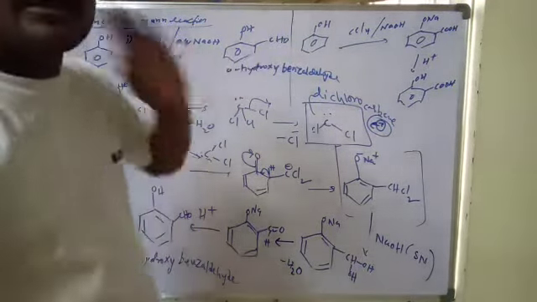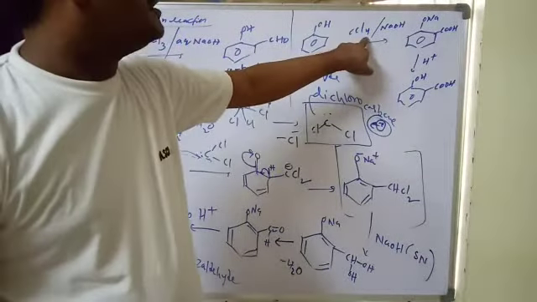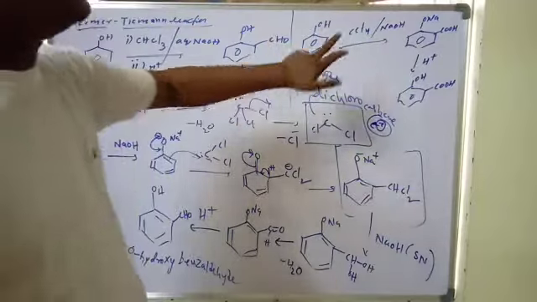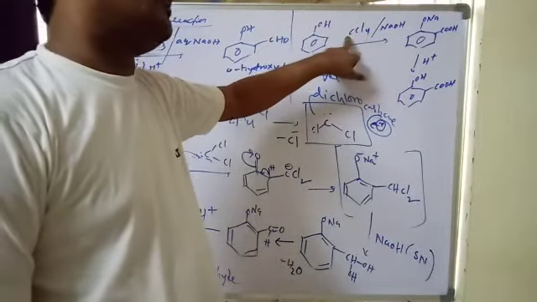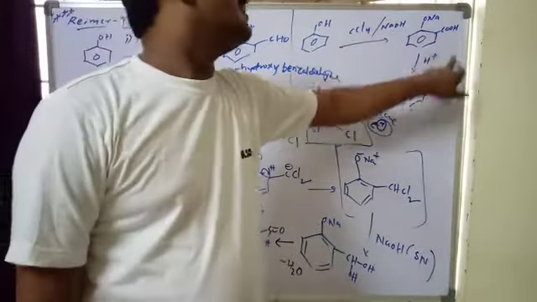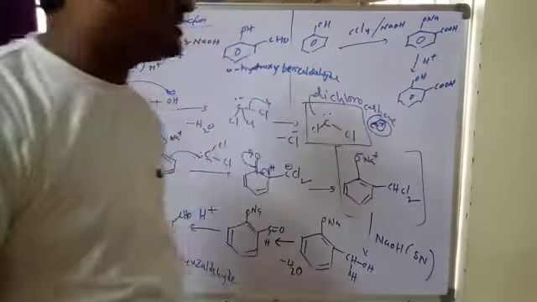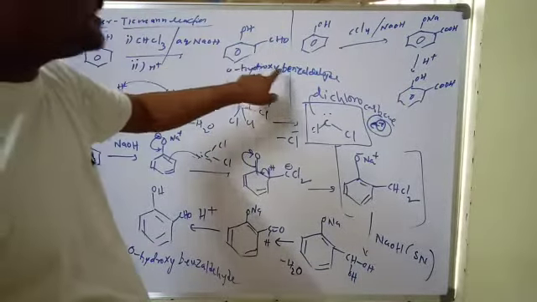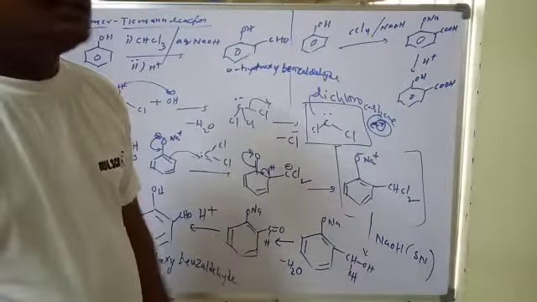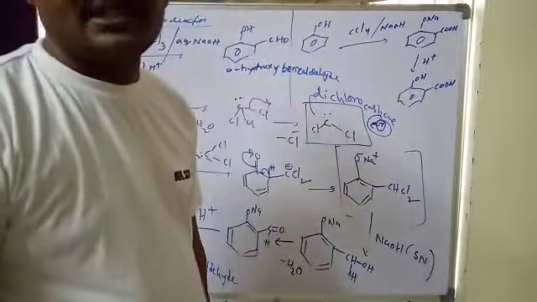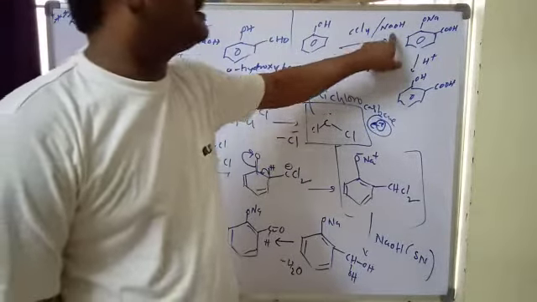In the same Reimer-Tiemann reaction, if you use CCl4 with the same base in place of CHCl3, then the product is salicylic acid, that means orthohydroxybenzoic acid. Here the product was orthohydroxybenzaldehyde with an aldehyde function, but here it is a benzoic acid function. The same product is obtained in the Kolbe reaction, but there we take CO2, while here CCl4 is used in the presence of NaOH.